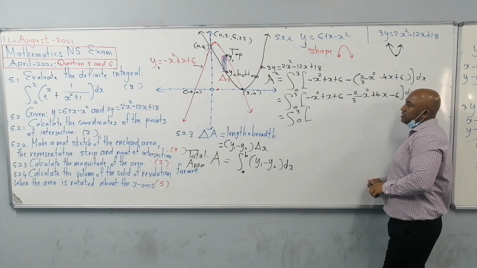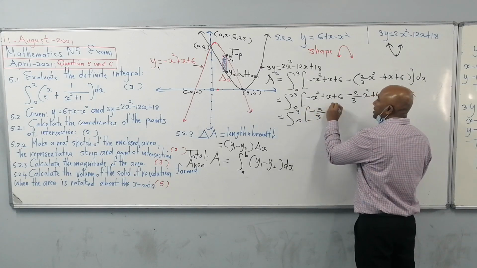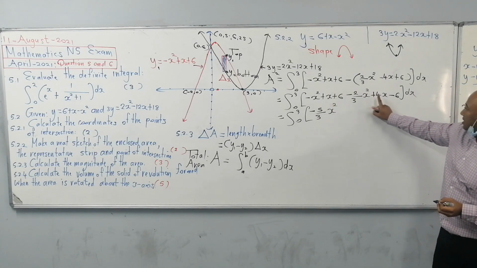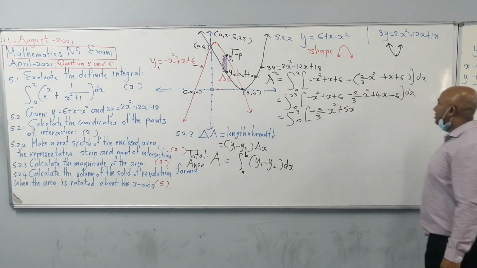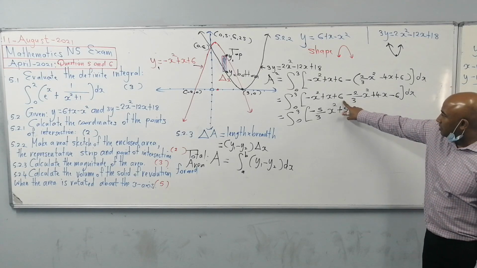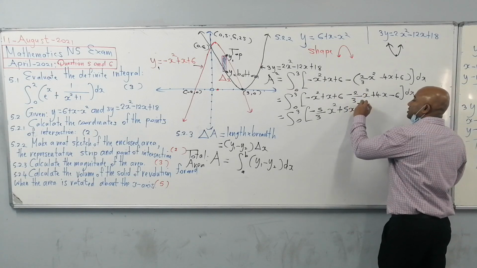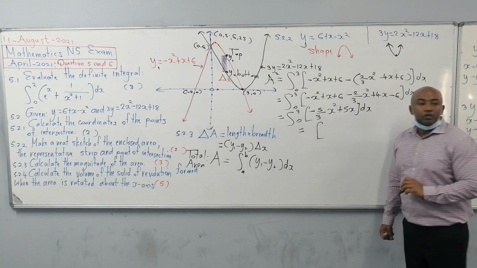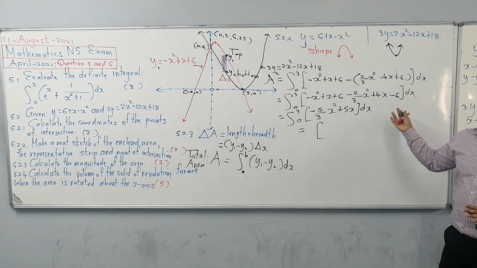So I got minus 3 over 3 minus 2 over 3, which is minus 5 over 3 x squared. I have an x plus 4x, which is 5x. And the constants, positive 6 and negative 6, that's 0. So I simplified. You do not have to simplify. You can leave it as it is, integrate it and substitute.